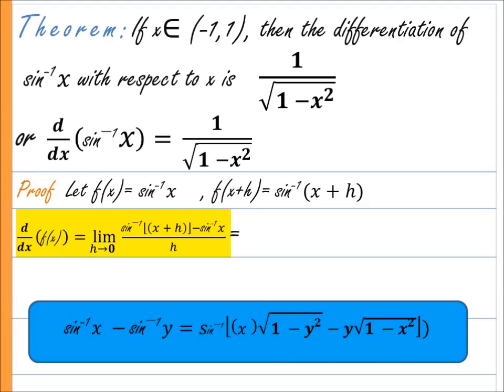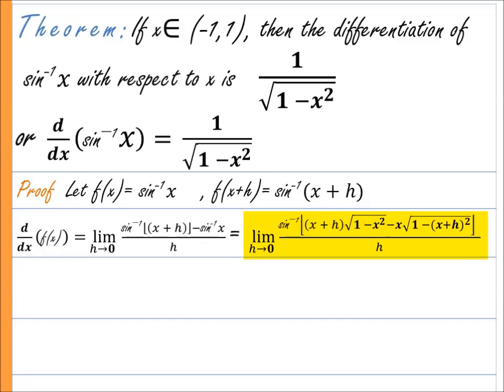And now applying that property here, this derivative will be equal to limit h approaches 0, sine inverse of x plus h into under root 1 minus x square minus x into under root 1 minus x plus h whole square, divided by h.